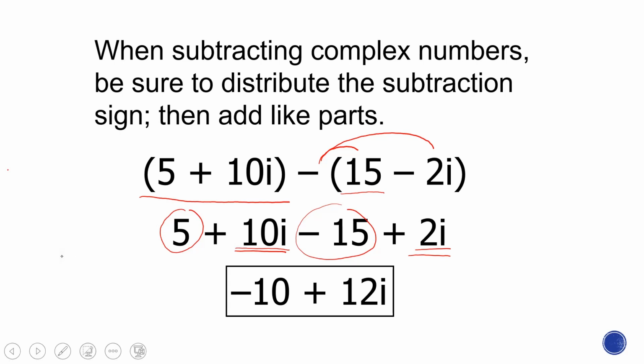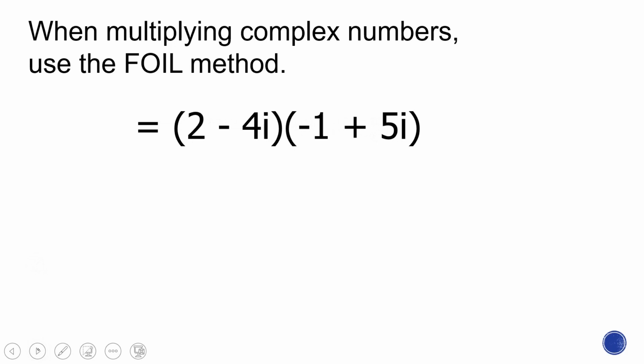Now let's go to the multiplication of complex numbers. In multiplication of complex numbers, we are using the FOIL method, just like what we use in multiplying binomials. So let's multiply the first terms. F means first terms, so 2 times negative 1 will give us negative 2, right?